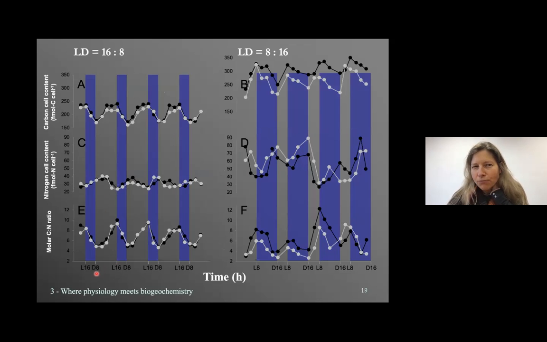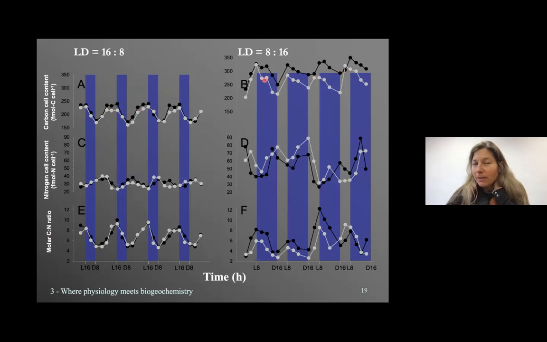I'm just going to briefly evoke what we got in the other two experiments, so the long light phase one and the very short light phase one. What you can see here is again the carbon content, the nitrogen content, and the resultant molar C/N ratio. What's interesting to see here is that the average level of carbon content is higher here compared to the 12-12 regime, the reference, but it's even higher in the 8 to 16.